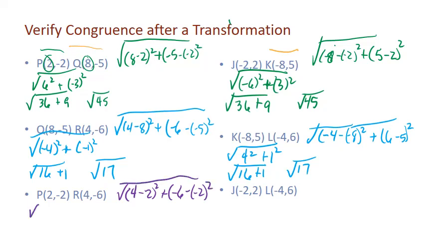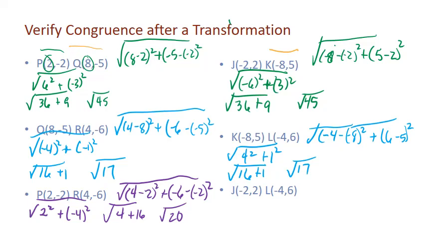And 4 minus 2 is 2 squared, plus negative 6 plus 2, those two negatives make that a plus, negative 4 squared. And negative 2 squared is 4, and negative 4 squared is 16, and we're looking at the square root of 20 for segment PR. We could reduce that a little bit, but we're not going to worry about it.